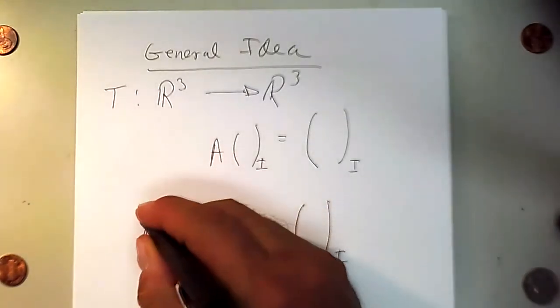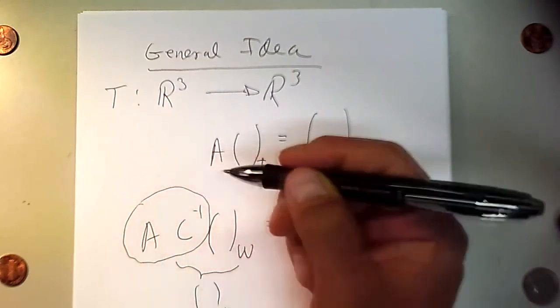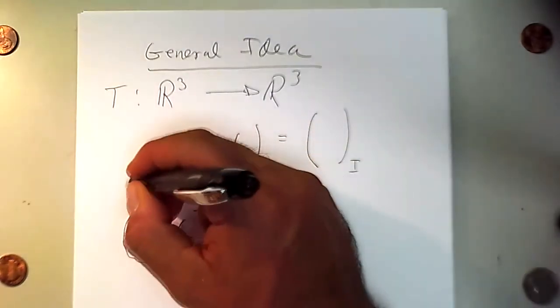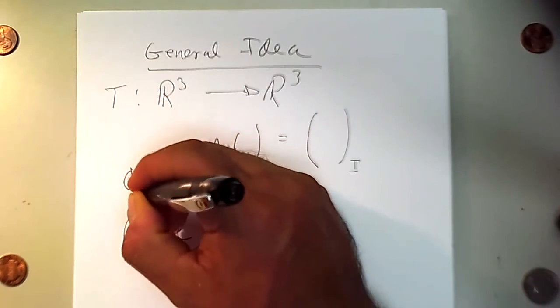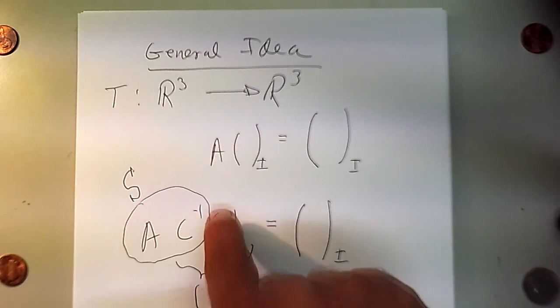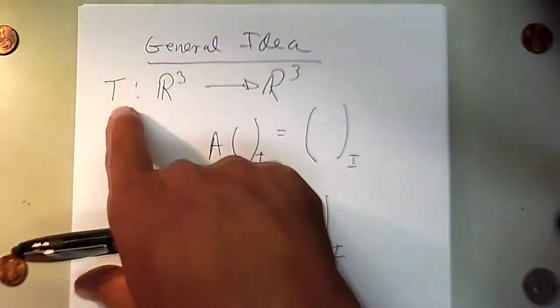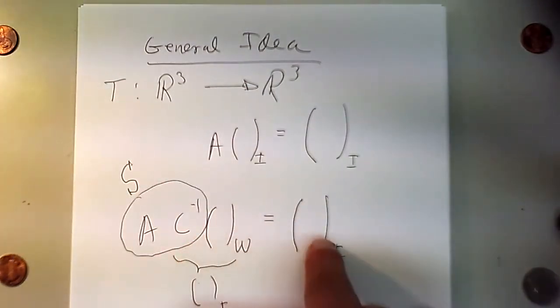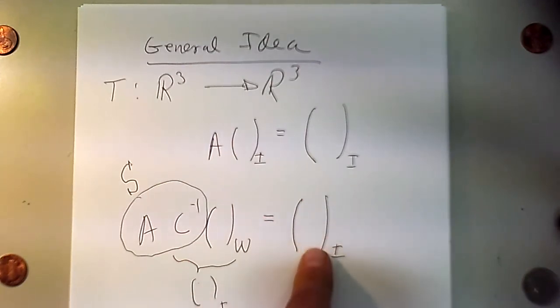So we multiply those two to get a new matrix. Let's call it S for now.